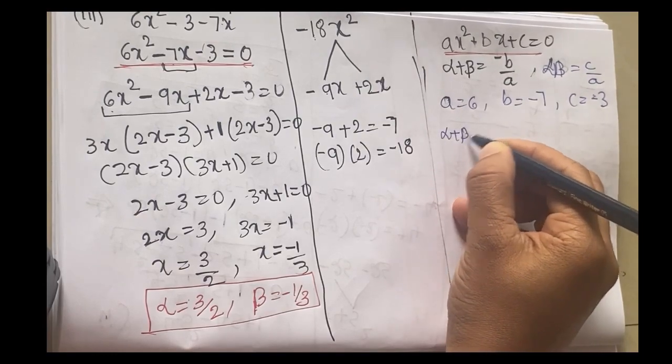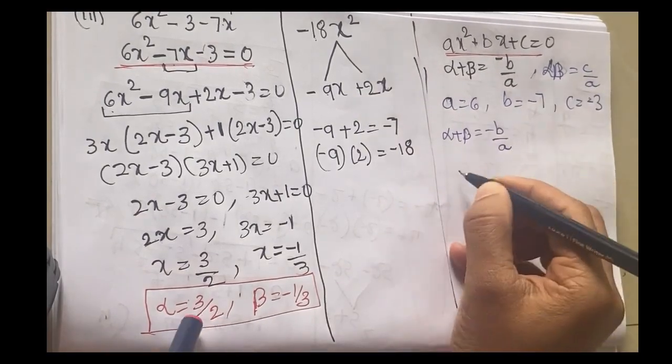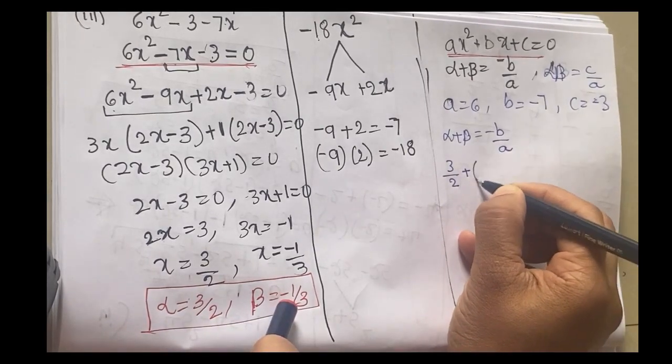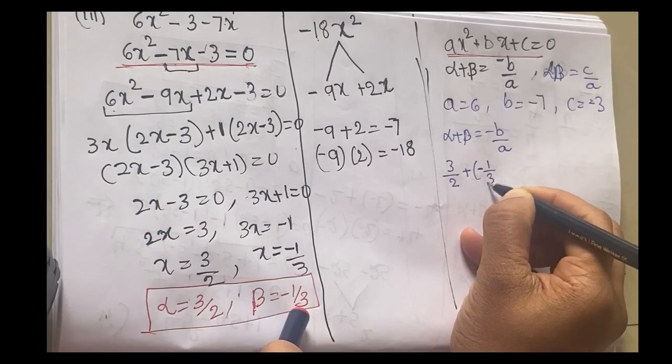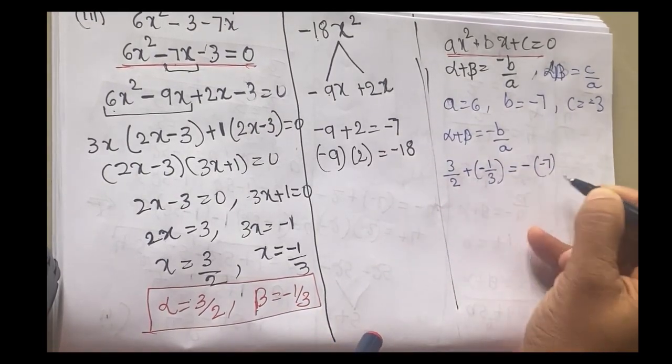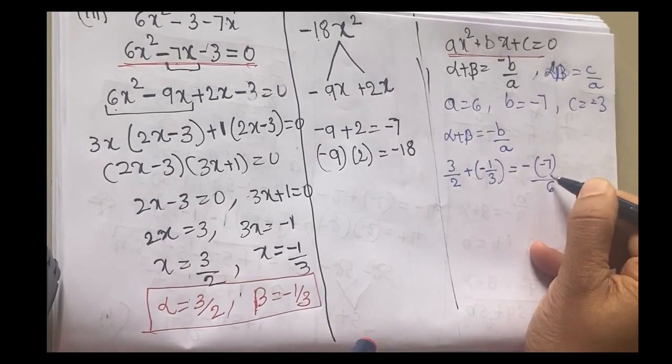Alpha plus beta is minus b by a. Alpha is 3 by 2 plus beta is minus 1 by 3, and minus b is minus of minus 7, by a is 6.